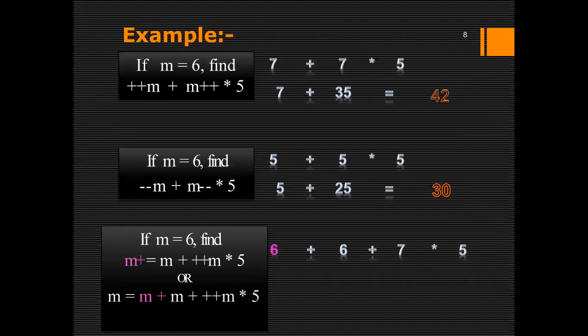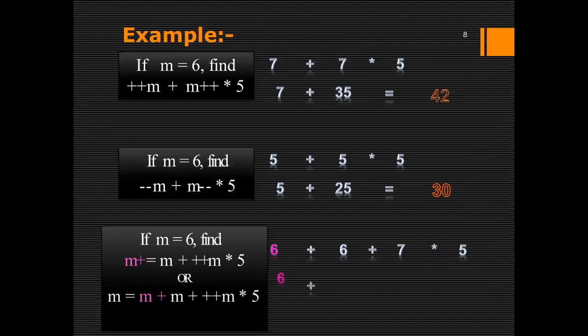Now one thing I would like to tell you here is that the value for the shorthand form should be calculated at the end. So this 6 in pink, which depicts the shorthand form, will be added at the end, after adding everything to the right side of the equal to sign.